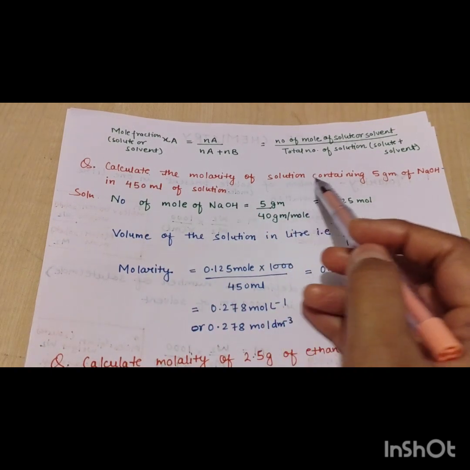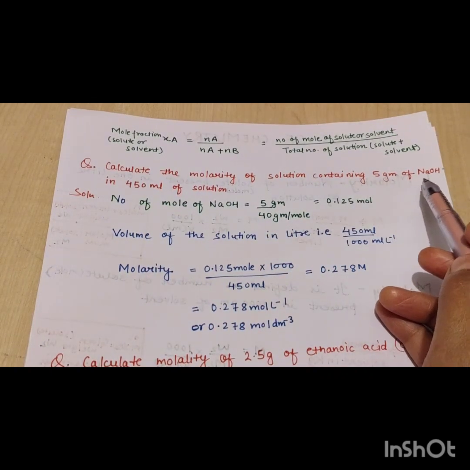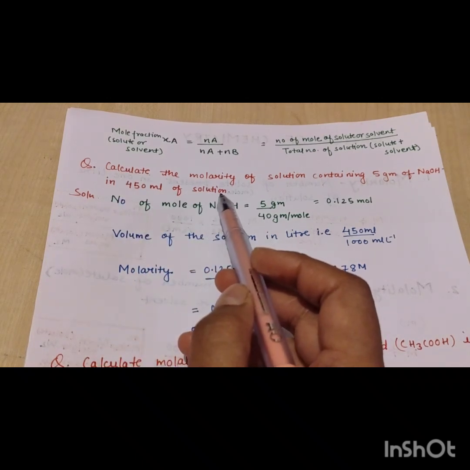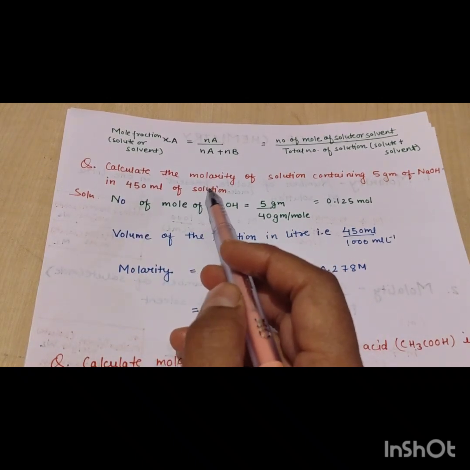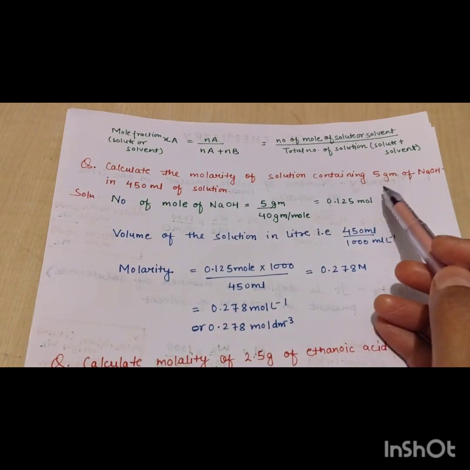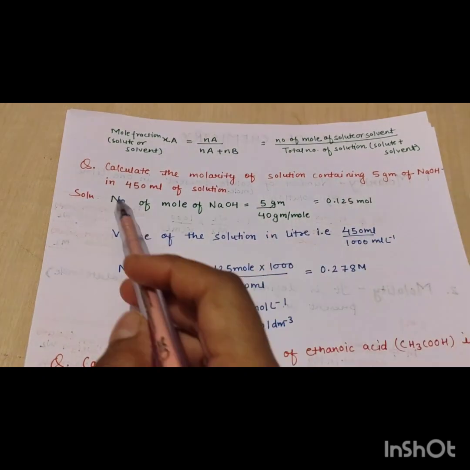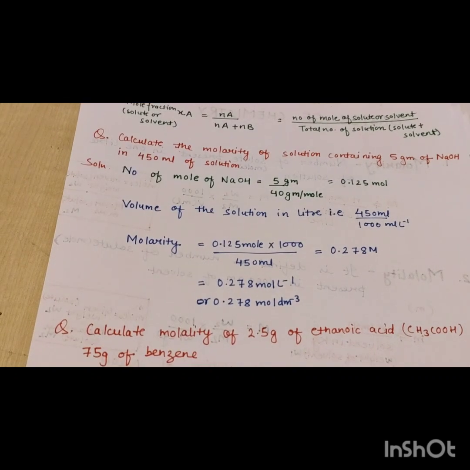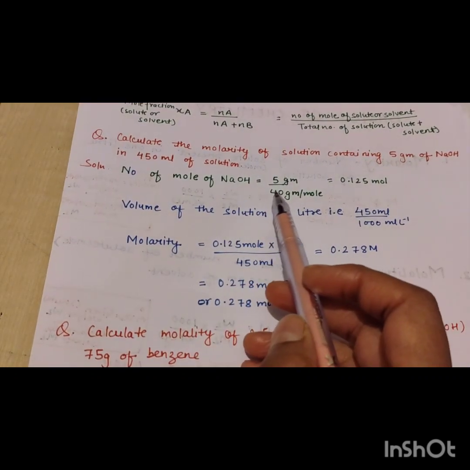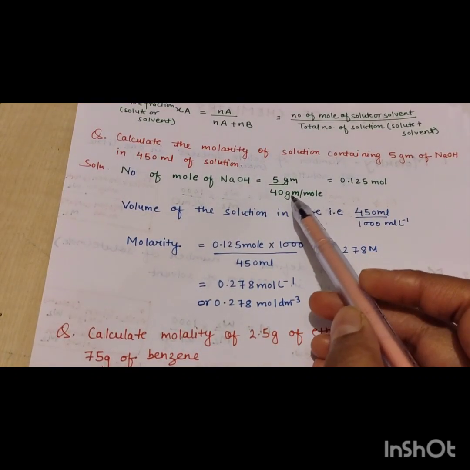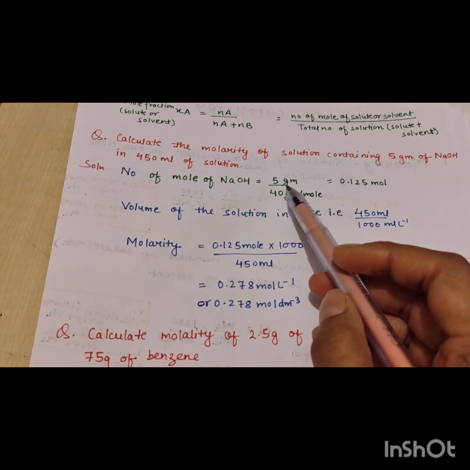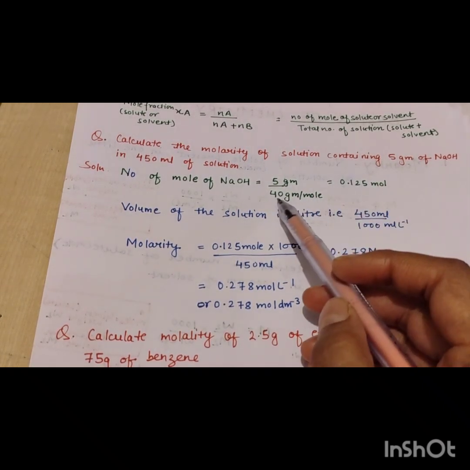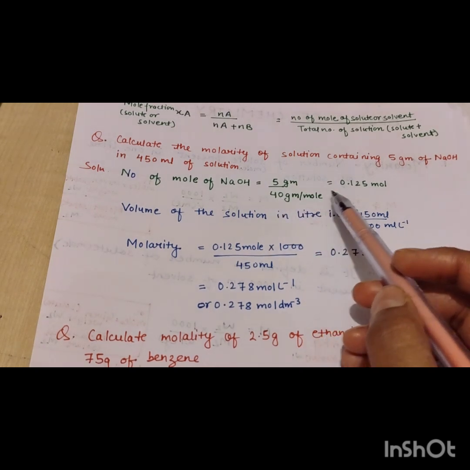Calculate the molarity of a solution containing 5 gram of NaOH in 450 ml of solution. The number of moles of NaOH is 5 gram given, upon the molecular mass of NaOH, which is 40.